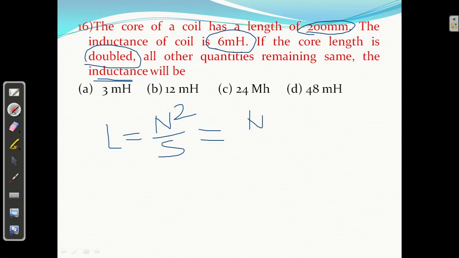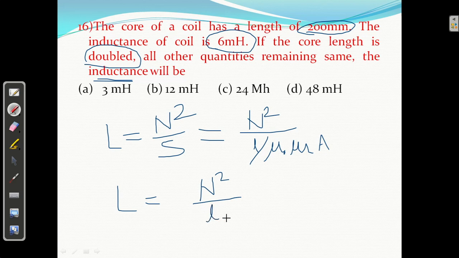N square upon length. What is S? Length upon mu 0 mu r A. That is the S. So L equal to what? N square upon length into mu 0 mu r A, right?